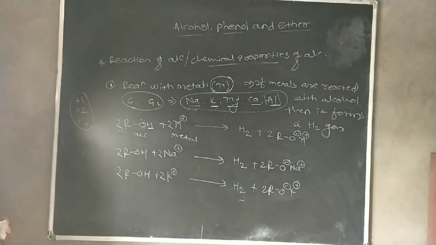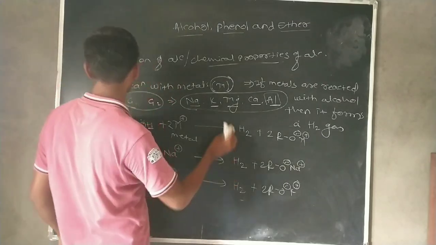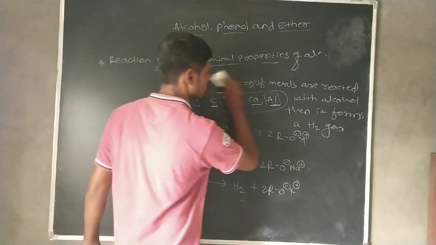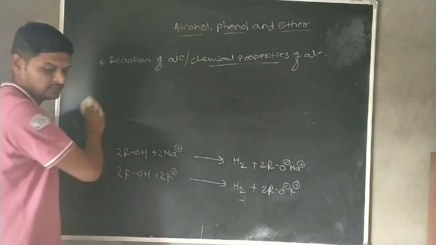In this reaction, sodium and potassium combine with alcohol, with elimination of H2 gas. After that, we also consider magnesium, aluminium, and calcium.